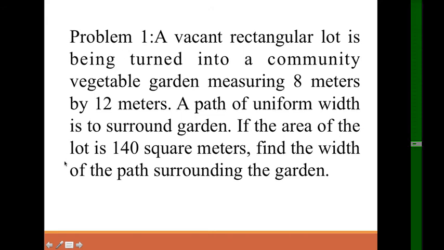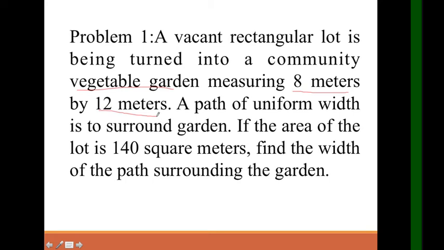So, ang problem nito ay tumutukoy dun sa garden, vegetable garden, no? Na kung saan meron siyang dimensions na 8 meters by 12 meters. Kung magdodrawing ka ng rectangular garden, meron siyang maaaring length na 12 meters and width na 8 meters. And then, a path of uniform width is to surround the garden.